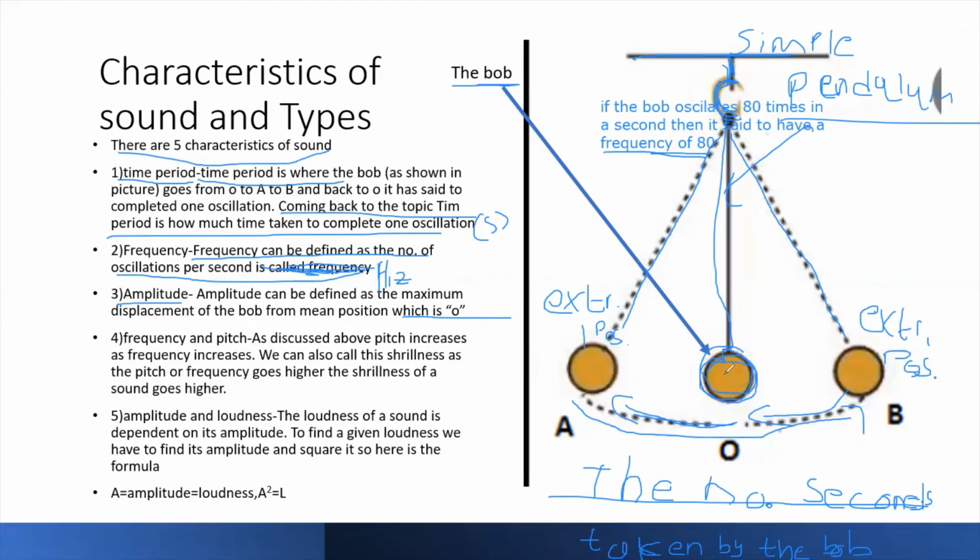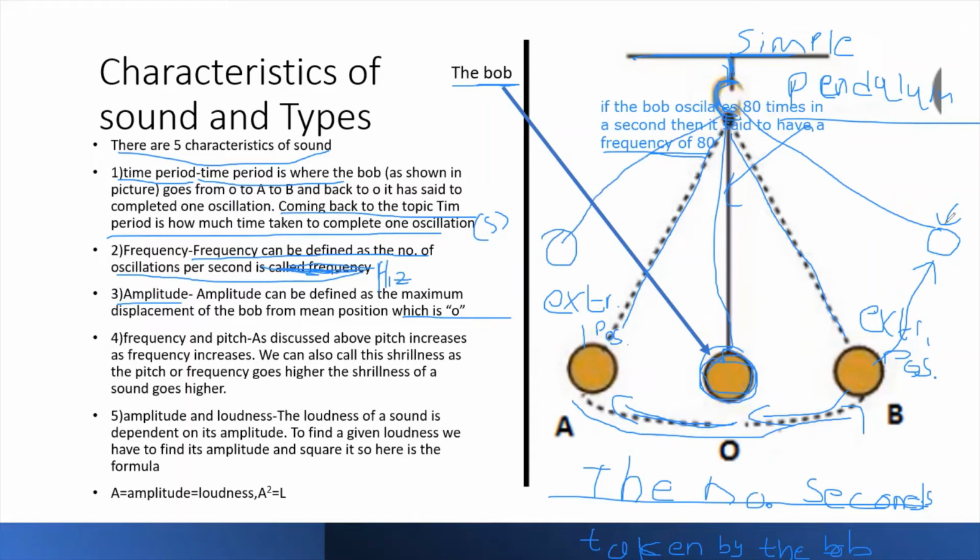And if you pull the bob backward, a little bit further, the extreme position will be here. This is going to be the new extreme position, and the mean position is always going to be on this center line, and this over here would be the other extreme position.